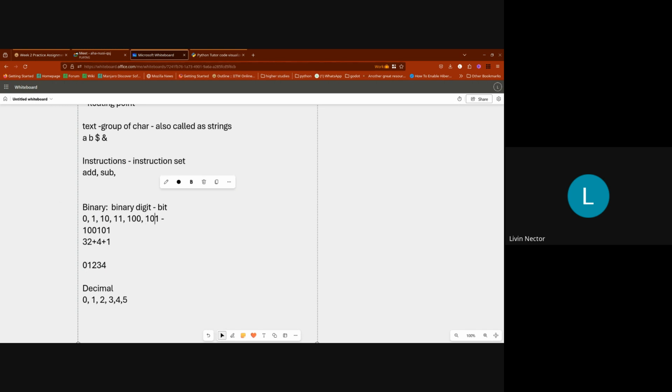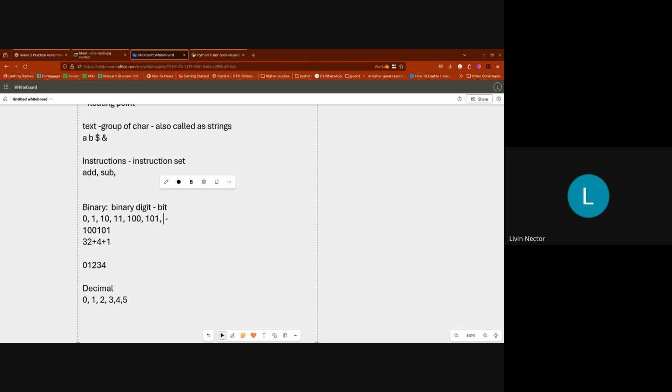But with 3 bits, how many numbers can we represent? All different combinations will come, right? It's like permutation and combination, which you may have heard of in math class. What are the different possible ways that we can set up zeros and ones? Totally 8, sir.